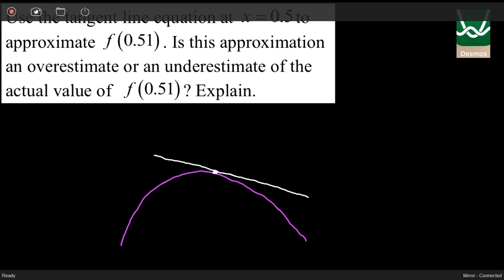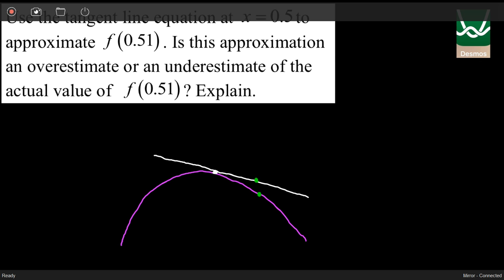The tangent line is located above that curve, no matter where you put a point. Therefore, if you use a linear equation to approximate a value, that approximation is always going to be an overestimate because it's going to be higher than the actual value.